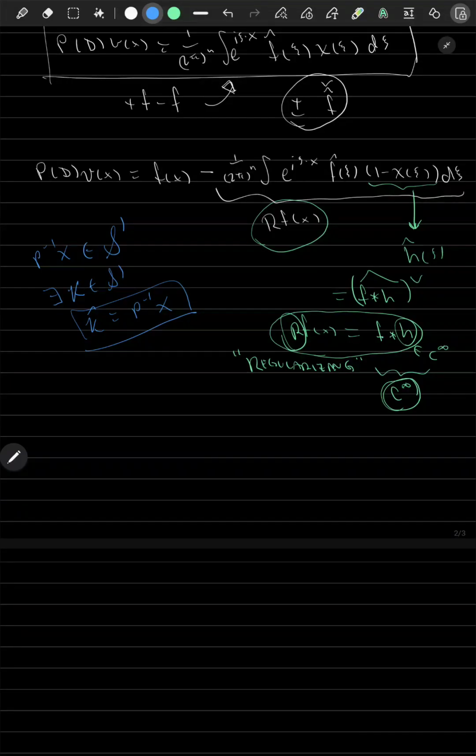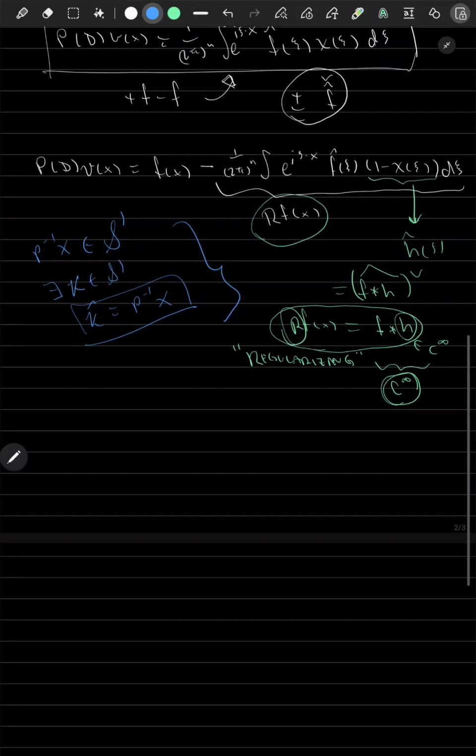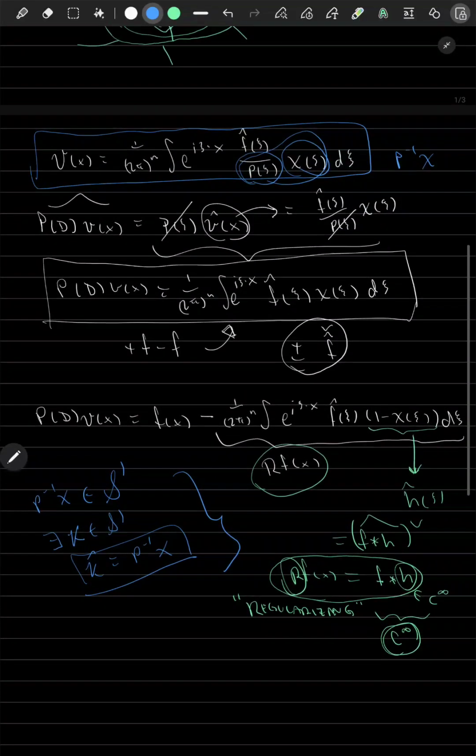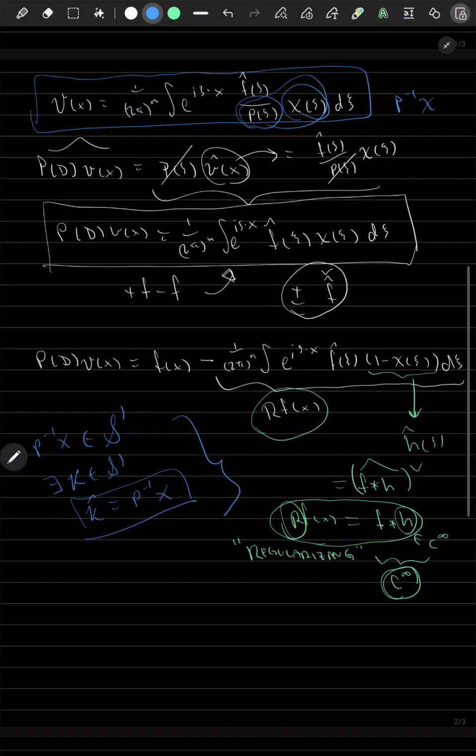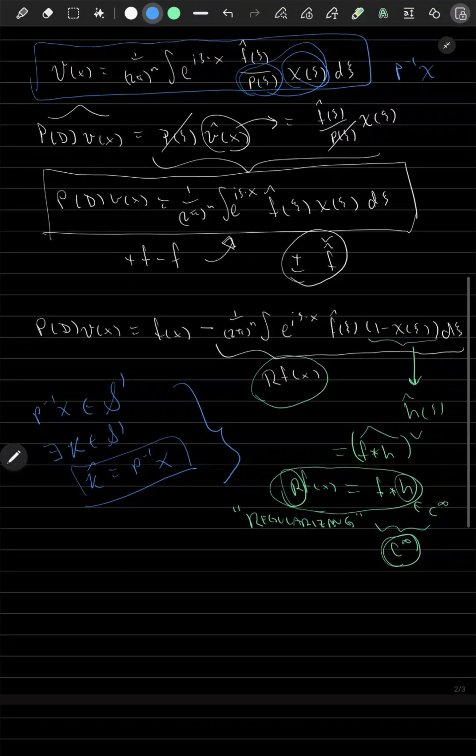And by the same argument that we used here to obtain a characterization of the regularizing operator by a convolution operator, we can also say that v, let me think about this for a second. Yeah, that v, okay.